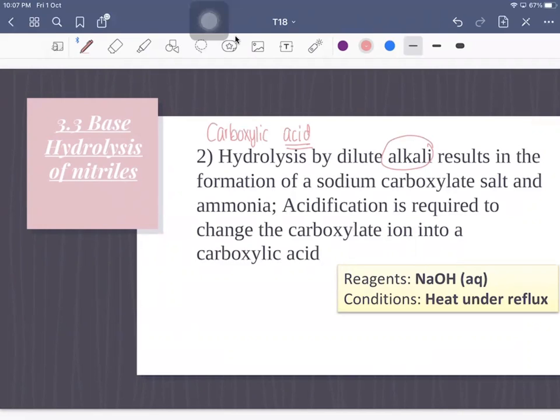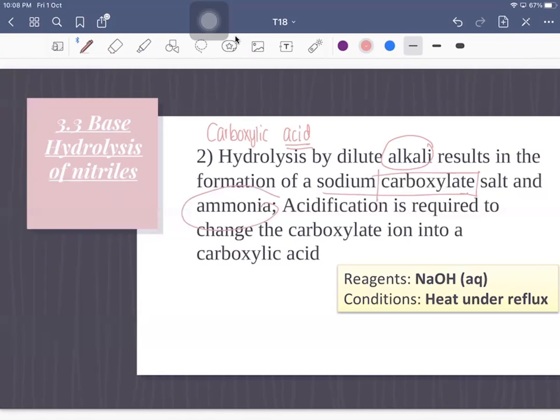Okay, acid will react with the base. Okay, right. Hydrolysis by dilute alkali results in the formation of a sodium carboxylate. Now remember, I mentioned carboxylate just now earlier on, when carboxylic acid reacts as an acid, it dissociates into H plus and a carboxylate ion. Okay, so there is a connection here, and then you form ammonia. So the ammonia is the side product that you have to memorize.